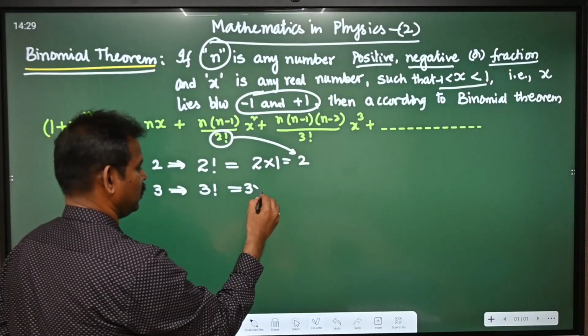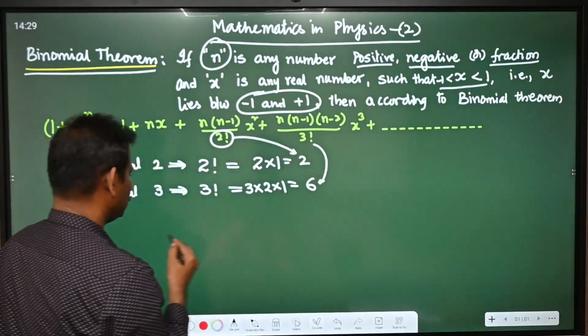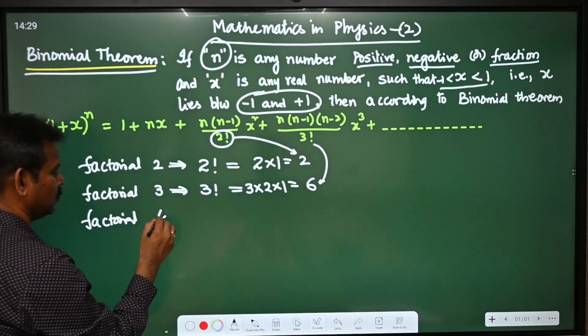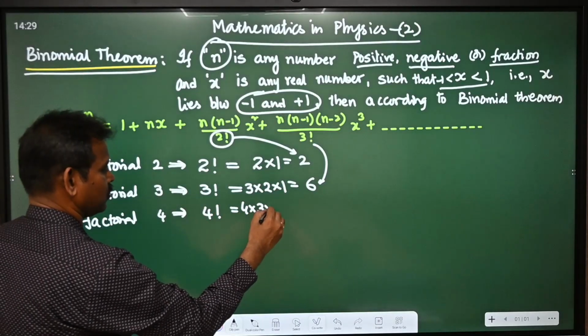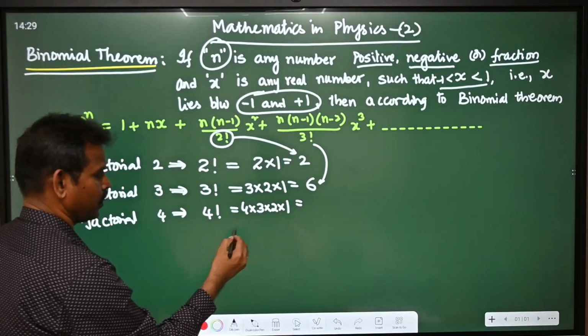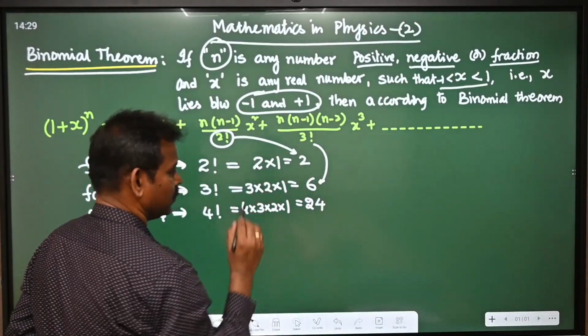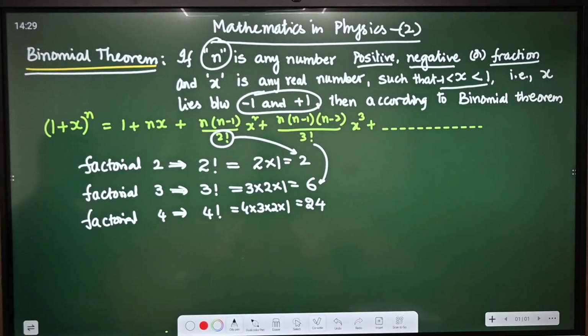This is 3 into 2 into 1, which is equal to 6. Similarly, factorial 4, which is given by 4 factorial, 4 into 3 into 2 into 1. This is 24. 4 3s are 12, 2 is 24. And so on. And this is according to binomial theorem.